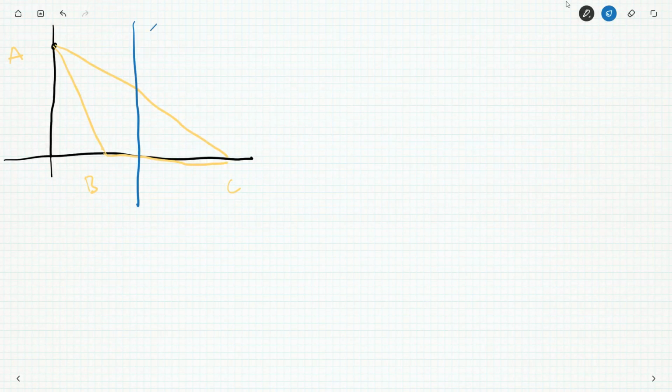All vertical lines are of the form x equals k for some k. So we get intersection points here. S would be k, 0, and R, which is the one they want us to calculate, would be k, and then minus k plus 8, which we learned from part A, because we know the equation of AC. Okie dokie.